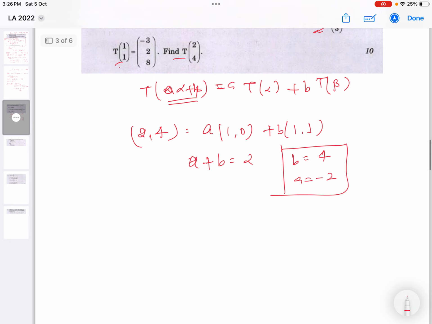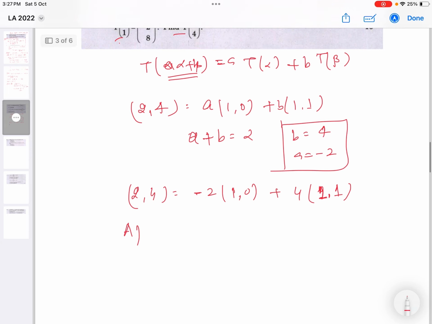So (2,4) would become -2 times (1,0) plus 4 times (1,1), and I think 4 से 4, I think we are right. Yes, we're right.